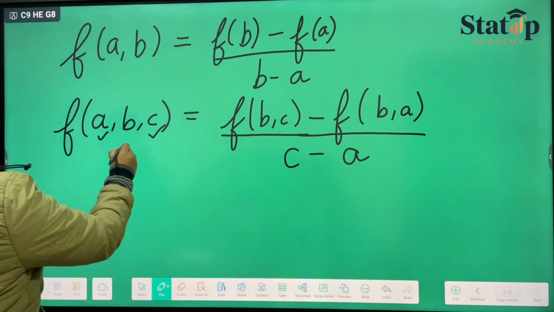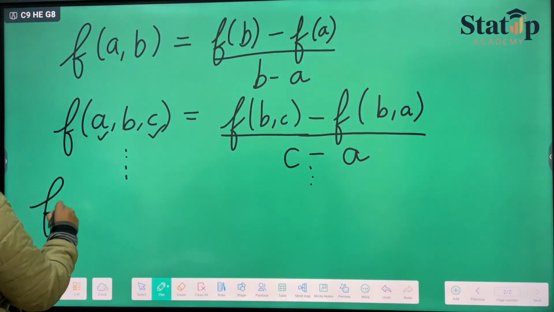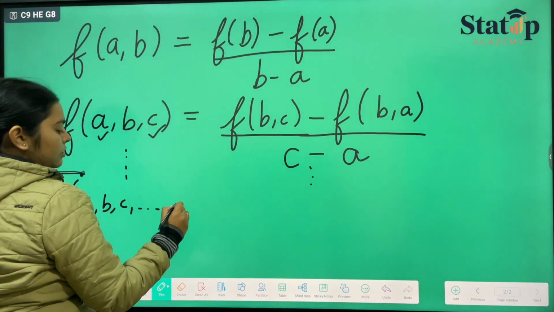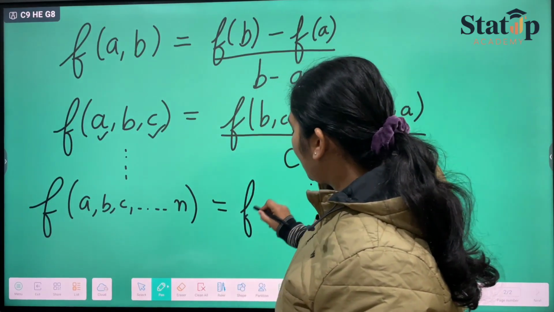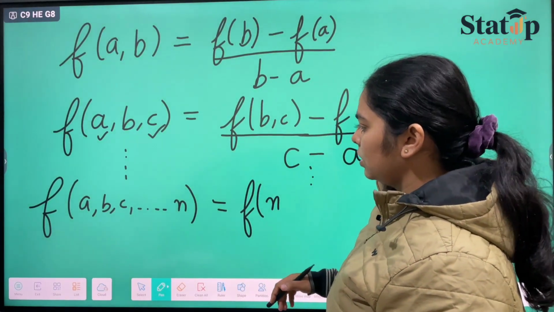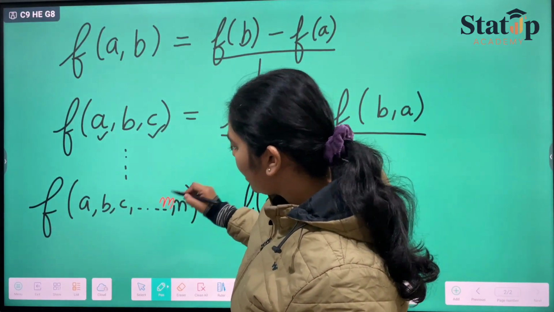And if we have to calculate for the nth term, suppose we are calculating f(a, b, c) and up till n, then what will be the expression? Before n, there would be a term known as m.